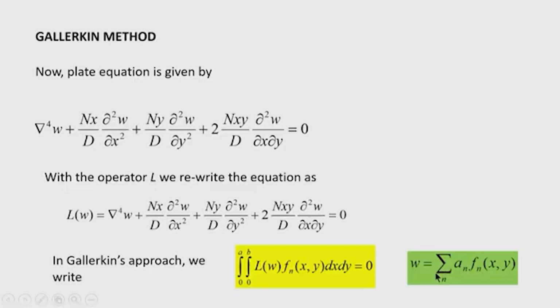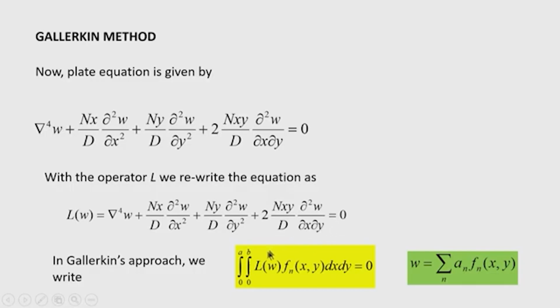But in general the shape function is not exact and it is an approximation of the deflected surface. So, when you substitute the approximate deflected surface in the differential equation, on the right hand side you will not get 0. Therefore, it represents a non-zero quantity which represents error. This may be small or this may be large depending on the choice of the shape function.